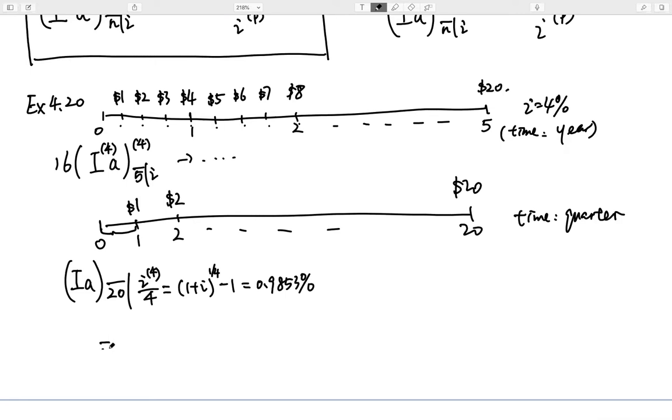The rest is a lot simpler, right? Because with this, I know the formula will be A20. Let's put something to replace.